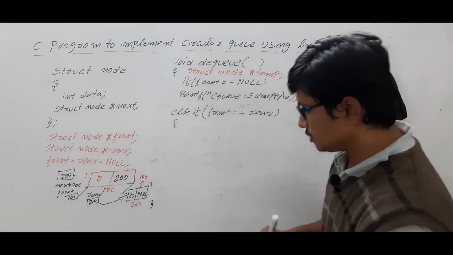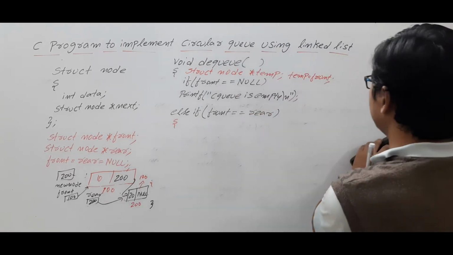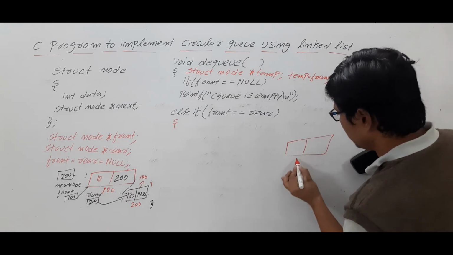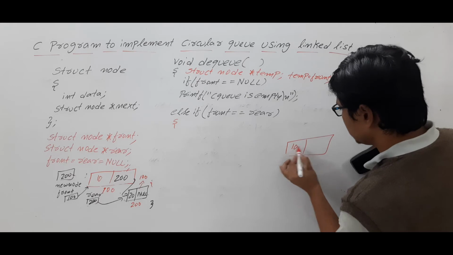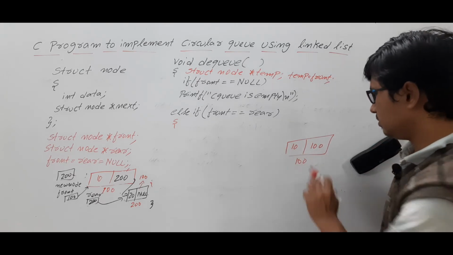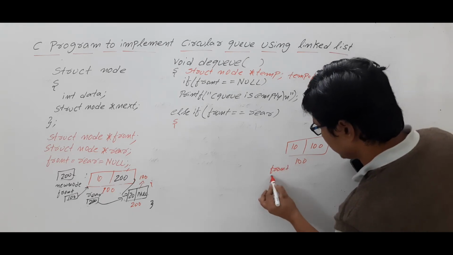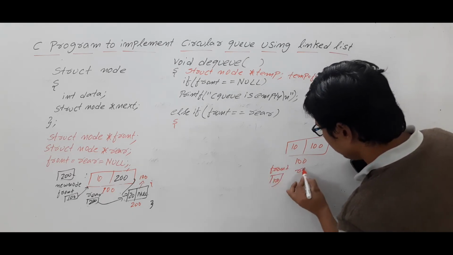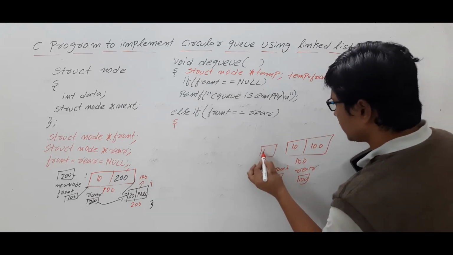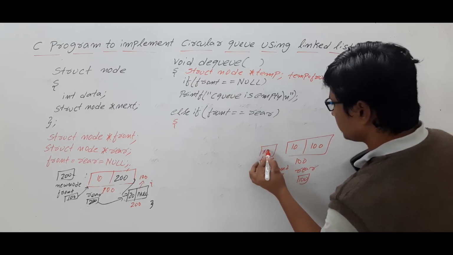So now let's assume that you have only one node. Then one node means here also the next node's address will be 100 only. Now front is 100, rear will be 100, and the variable temp is also 100. Am I right?